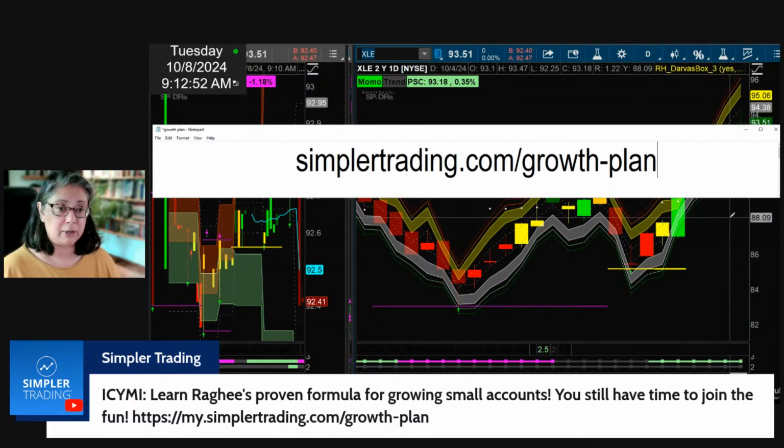What happens is traders sometimes want to push an edge all the time, or worse, they don't know what their edge is. So we define all those things. We define these really important pieces. What's your edge? What's the best type of market to trade to grow an account? What's the best approach for risks to keep from blowing up? And you put all these pieces together, what you end up with is a growth plan.